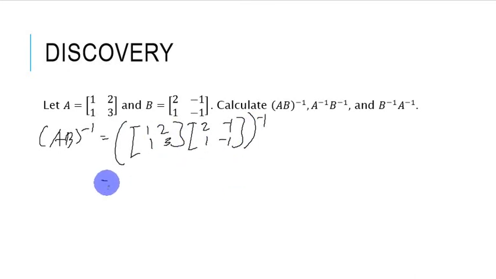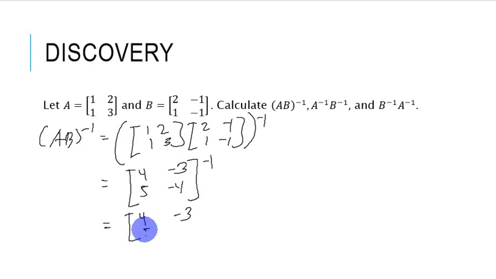Performing matrix multiplication here, we're just going to have the matrix [4, -3; 5, -4], then getting its inverse, which is actually [4, -3; 5, -4] as well. So this is our inverse of the product AB.